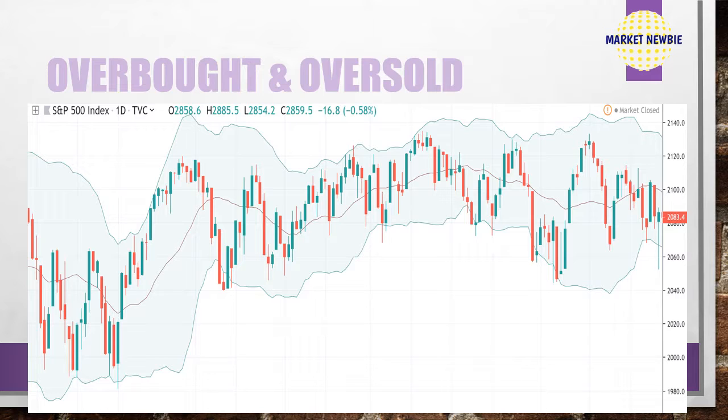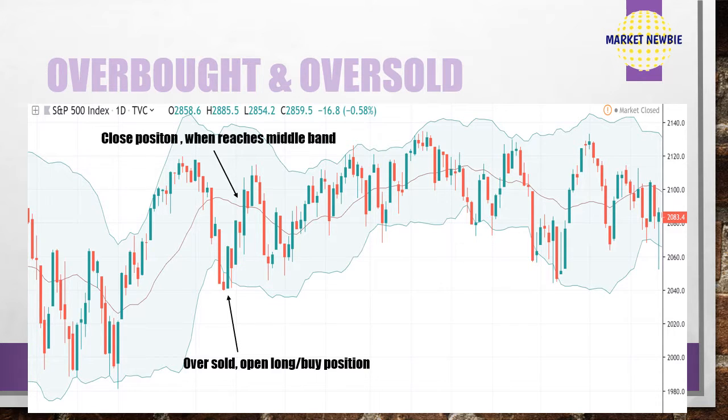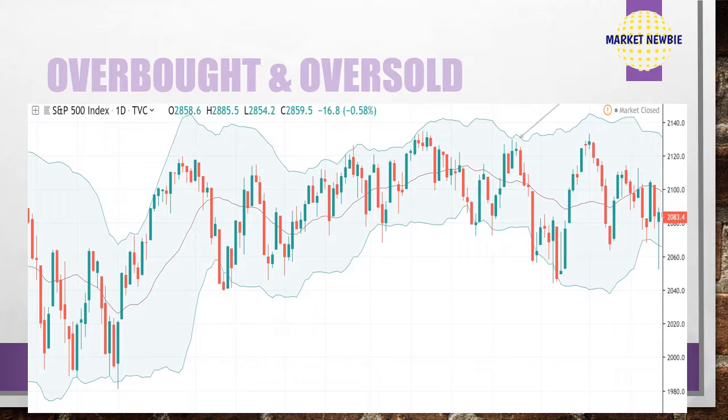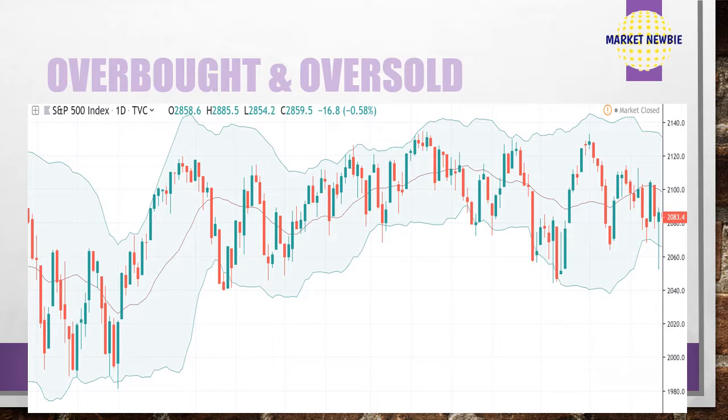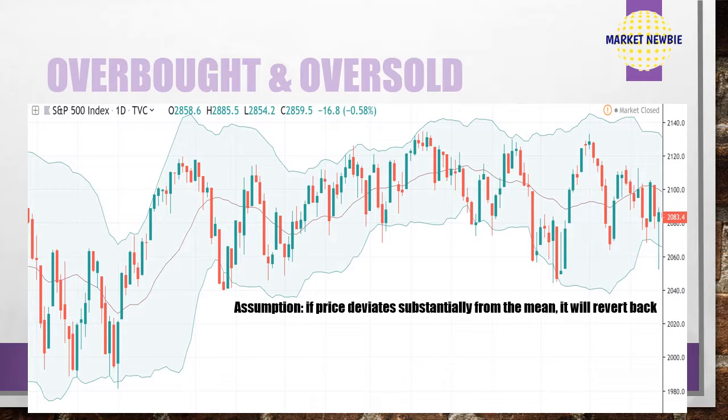When the price of the asset breaks below the lower band, a trader may enter a long position, expecting the price to revert back to the middle band. When the price breaks above the upper band, a trader may short or exit, betting on a move back to the middle band. This type of strategy relies on the mean reversion of the price.